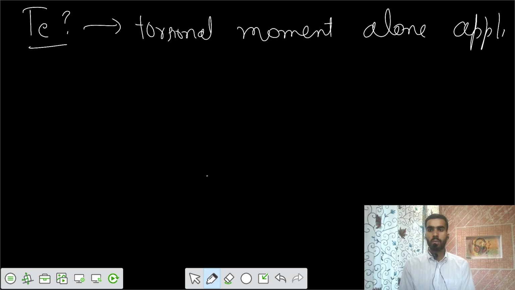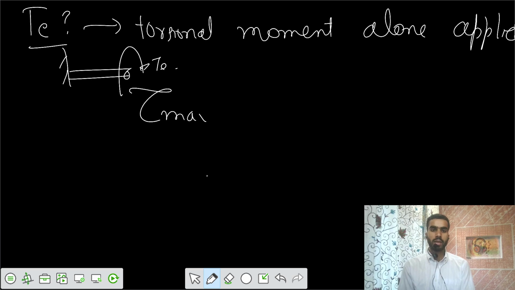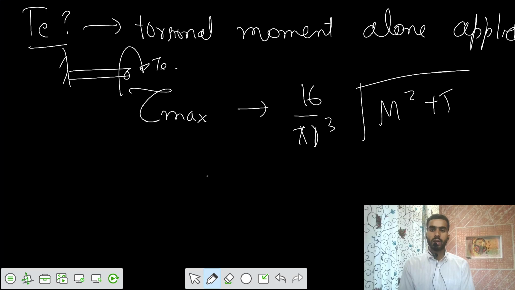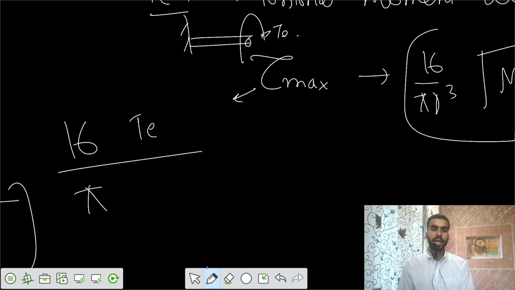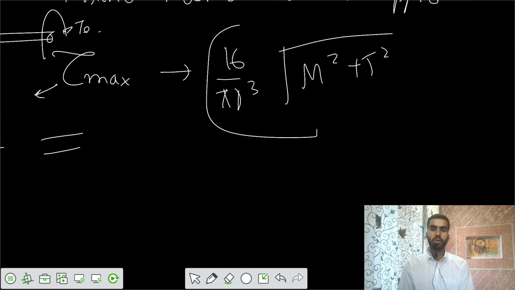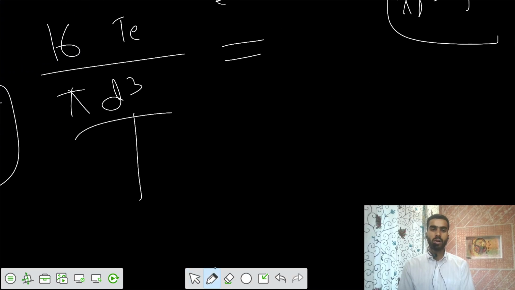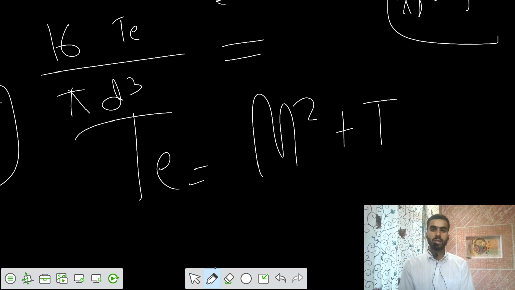If you apply only this amount of torsion, your TE, it would cause the same tau max as contributed by the combined effect of 16 by pi d cube and the root of M squared plus T squared. I would write 16 TE by pi d cube equals 16 by pi d cube times the root of M squared plus T squared. So equivalent torque equals the root of M squared plus T squared.